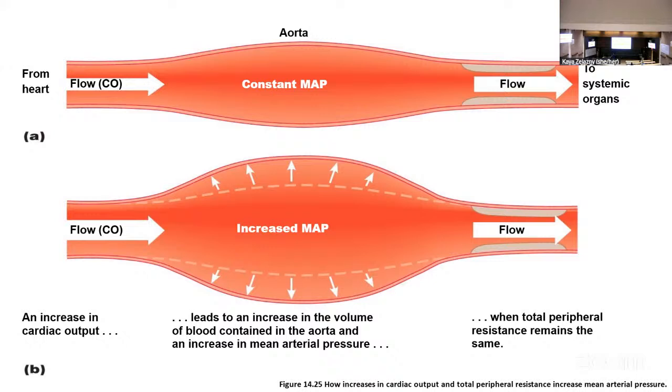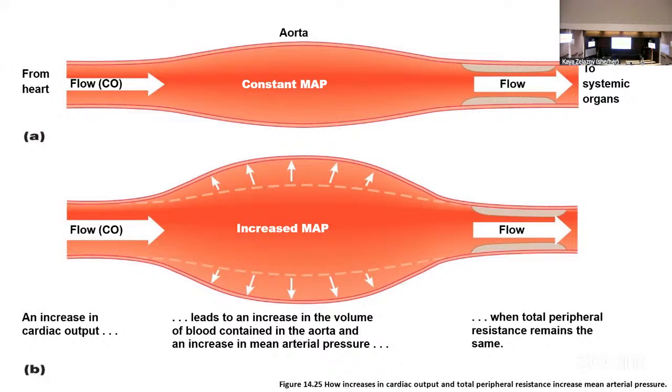When we see increases to mean arterial pressure, for example, if we increase cardiac output, an increase in mean arterial pressure would look like a more stretched out aorta. We have that elasticity in the walls that's going to allow the aorta to bounce back. But when we put a bunch of volume in, we do see more stretch initially.